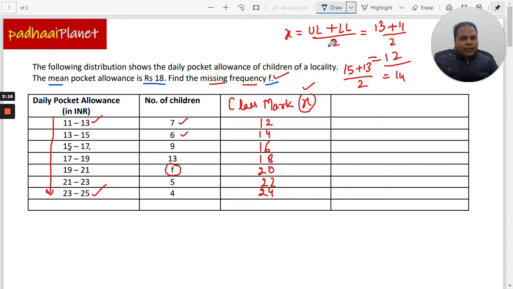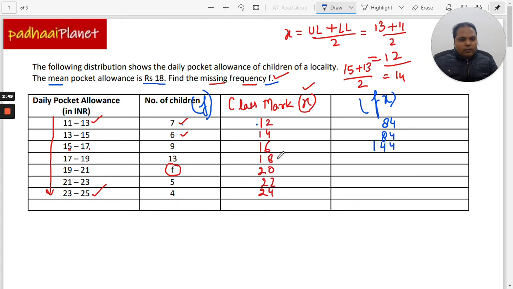Now we can calculate sigma fx. Calculating fx means multiplying f, the frequency, with x. So we will multiply 7 with 12 and we will get 84 as the answer. Then 6 multiplied by 14, that's also 84. Multiplying 9 by 16 gives 144.